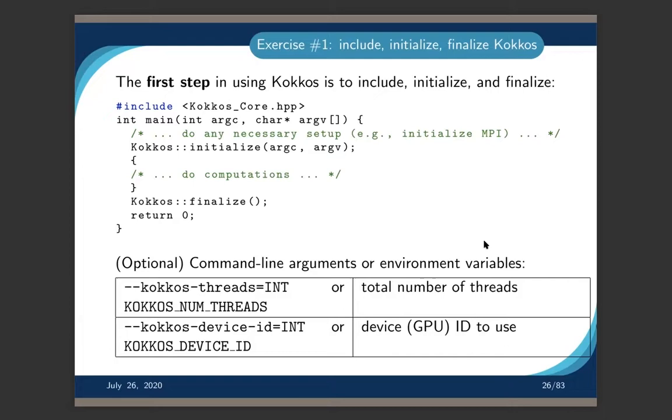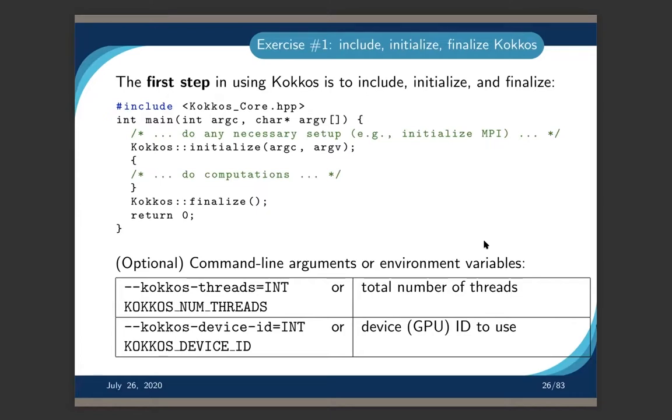One thing you have to do in Kokkos is initialize and finalize it, which is equivalent to what you do in MPI. Essentially, after you initialize MPI, you call Kokkos initialize. That is what the vendors used to recommend, but depending on your MPI, there are a few variants where you have to initialize Kokkos before.